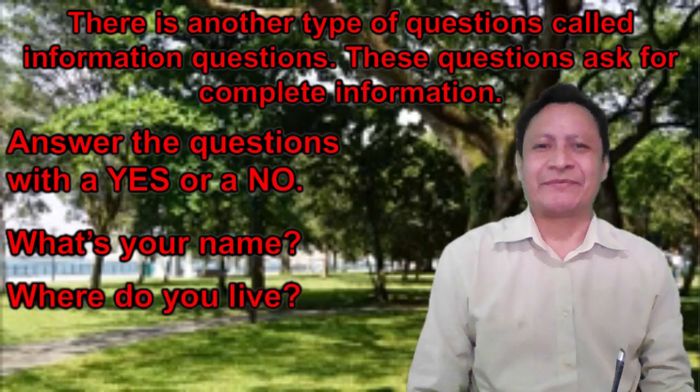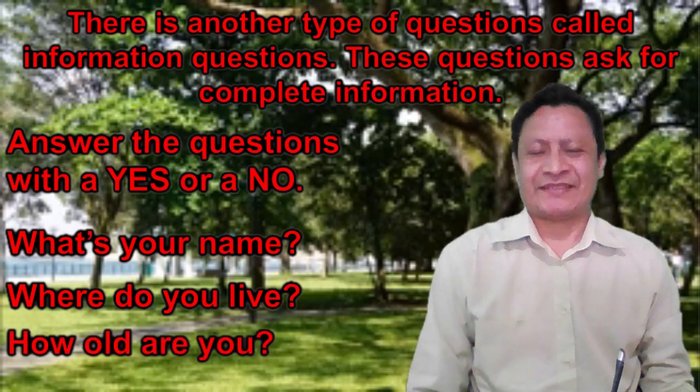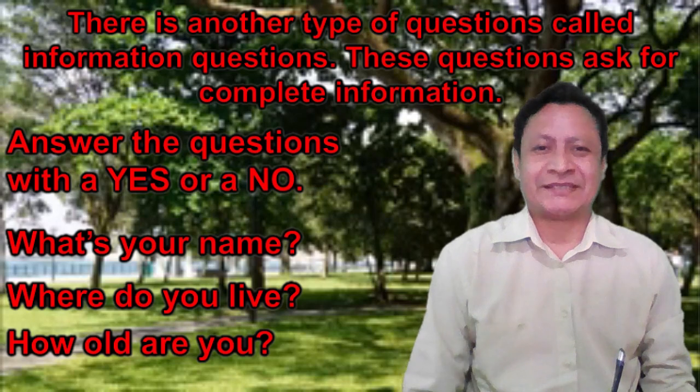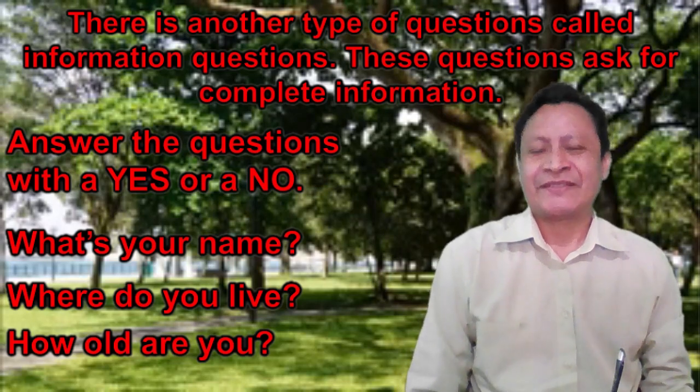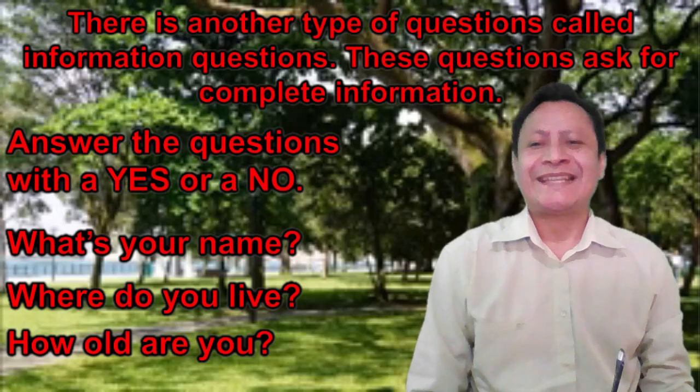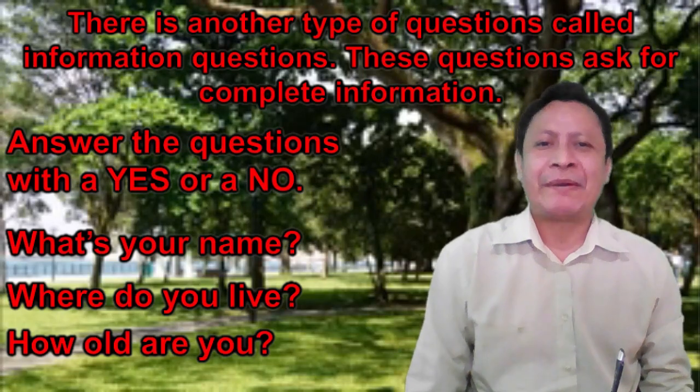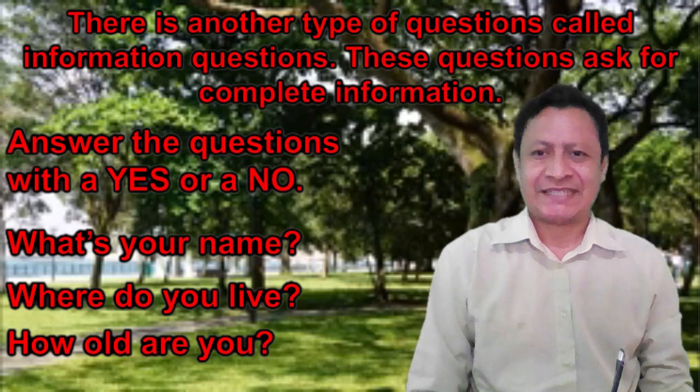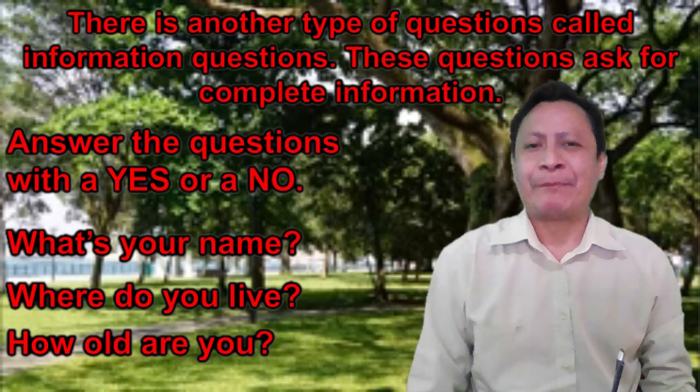Where do you live? How old are you? It's not possible to answer with a yes or no, right? Very good. So in these cases, we are going to be using information questions, and the answer is a complete sentence. Okay, let's check some examples and the structure of these information questions.